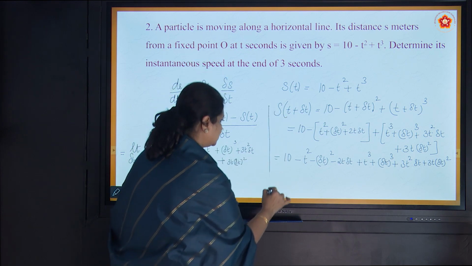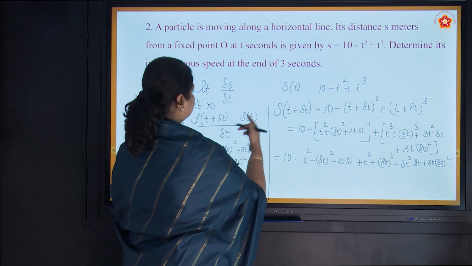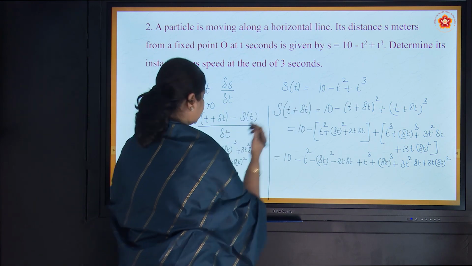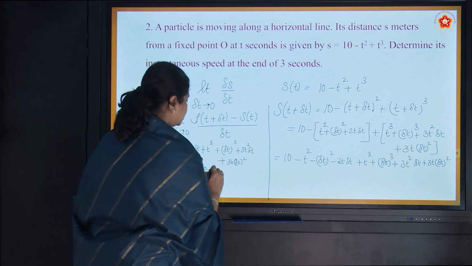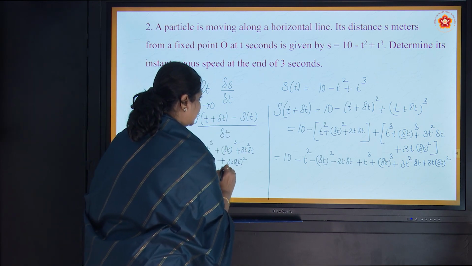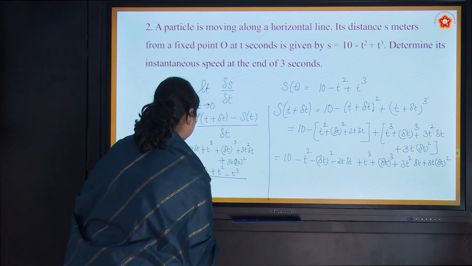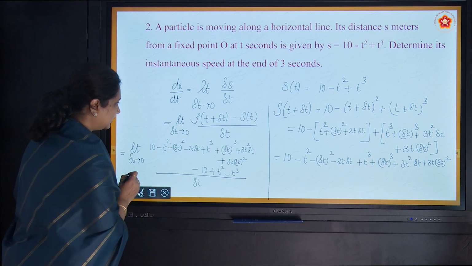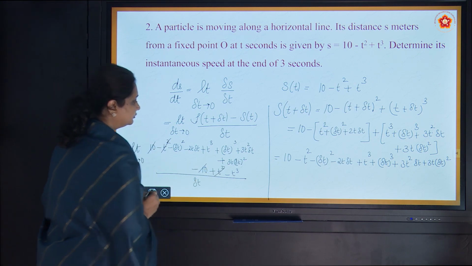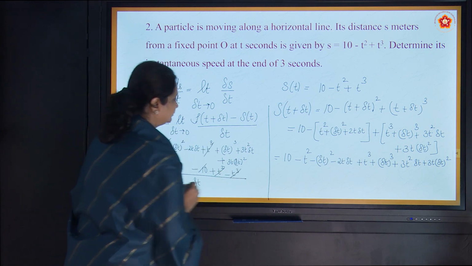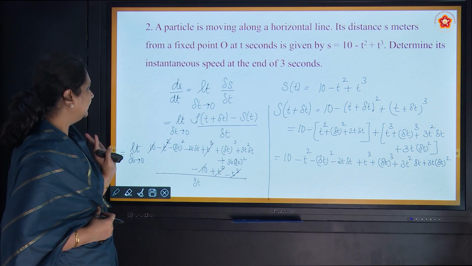Let me put a partition here. Minus s of t. S of t is here, minus 10. Since it's after minus, I'm changing the signs: plus t square minus t cube, divided by delta t. Now let's see how we can simplify this. This goes off, this goes off, this goes off. So I have only terms which have delta t as companion.